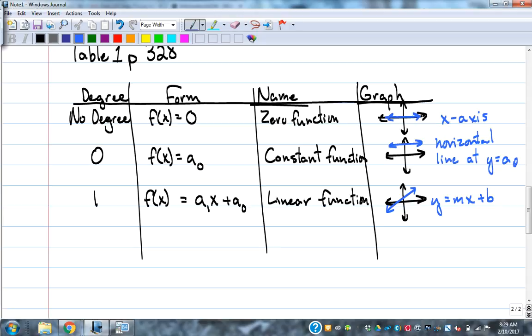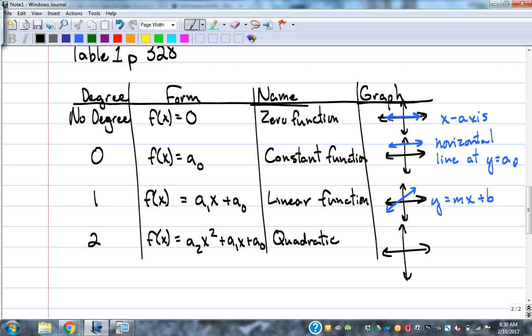So when you get to degree 2, this is stuff we've already done. The quadratics. So a sub 2 x squared, a sub 1 x, plus a sub 0. Quadratic. That's what we called that. And we know that the graph of that looks like what?